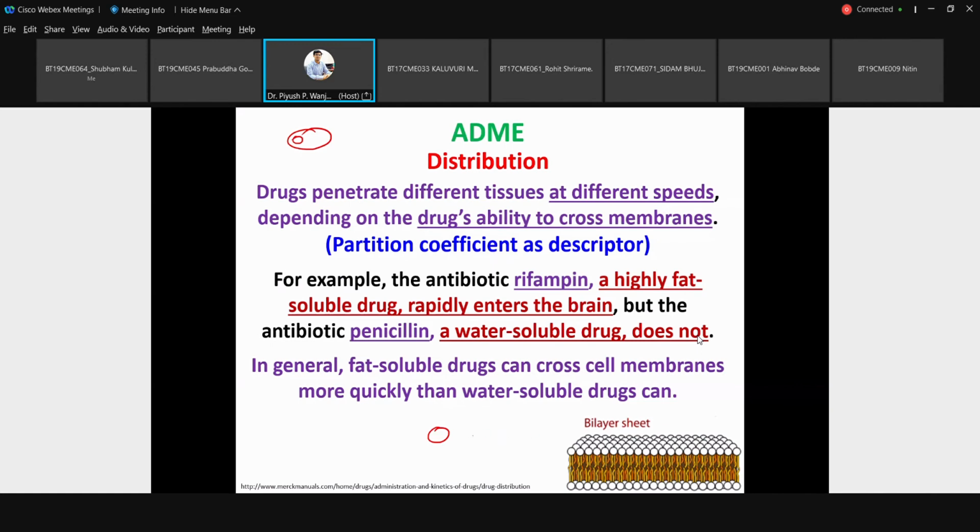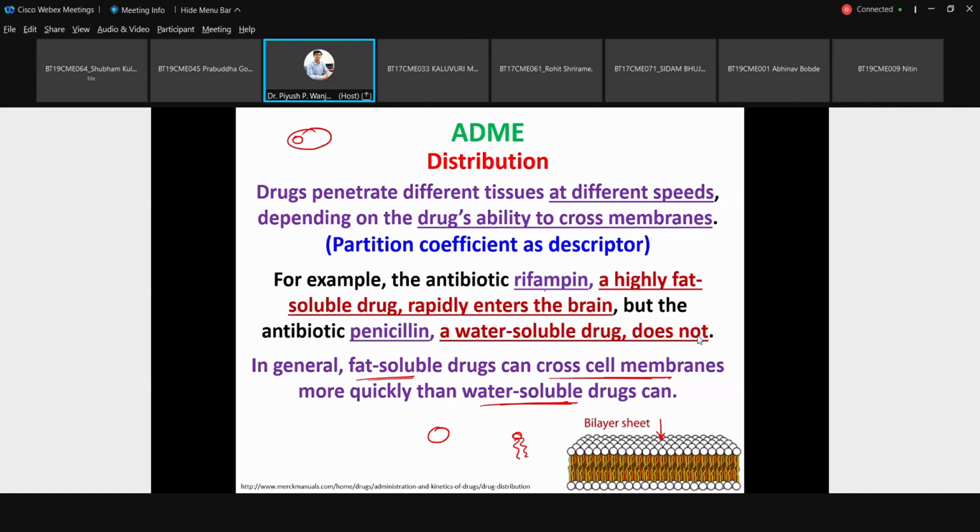I mentioned structures called phospholipids, which have surfactant-like properties and form a bilayer sheet. Depending on the drug's nature, whether it is a fat-soluble or a water-soluble compound, it takes time to cross this cell membrane, which is an important thing.